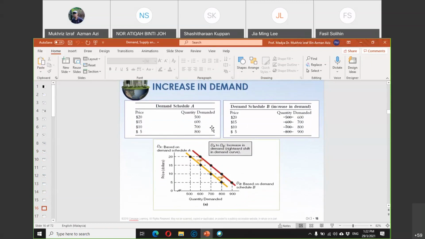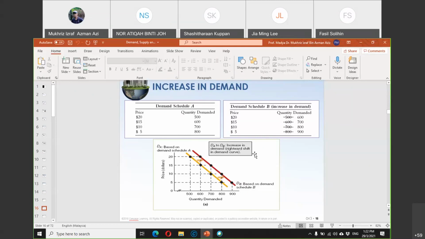So in economics, when it comes to the demand and supply topic, you need to understand the difference between these two concepts: the word demanded versus demand, or quantity supplied versus supply.